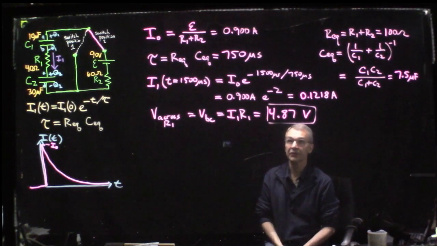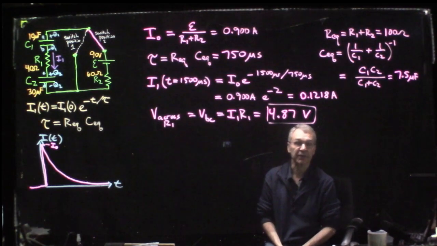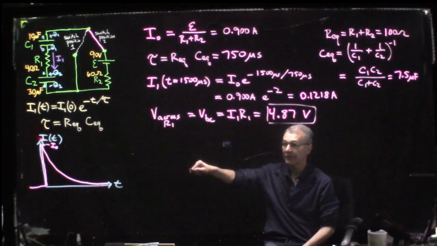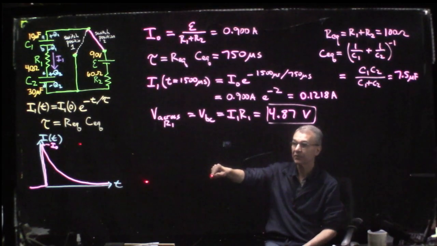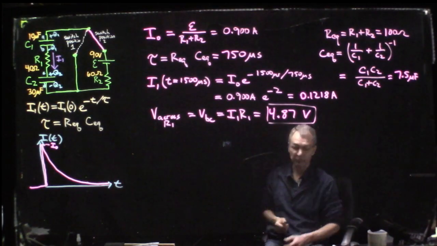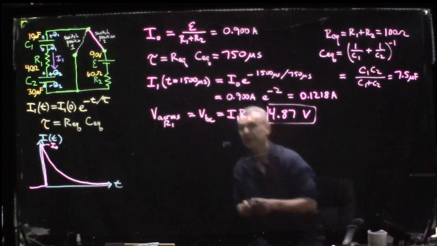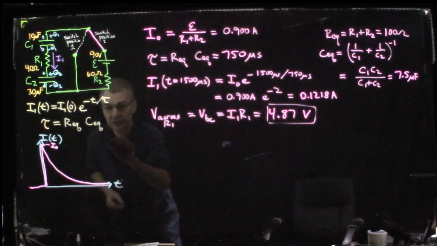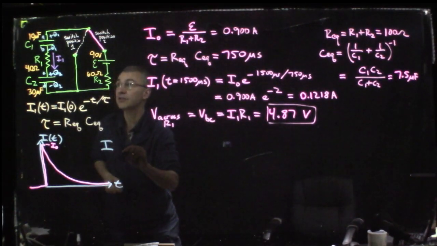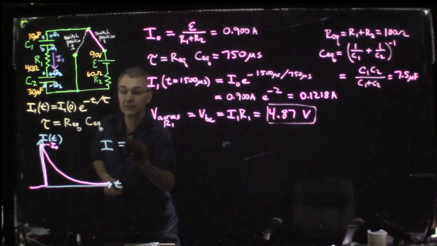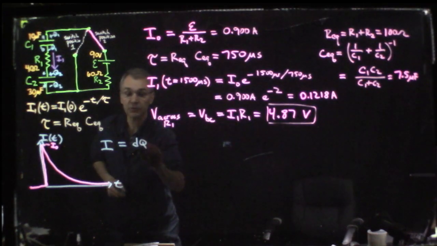Now, the other time that you're often asked about is a very long time after the switch is opened or closed. After a very long time, the current becomes zero through the capacitor, which is equivalent to the statement that the charge on the capacitor becomes constant, because in this case, this current equals dQ/dt.